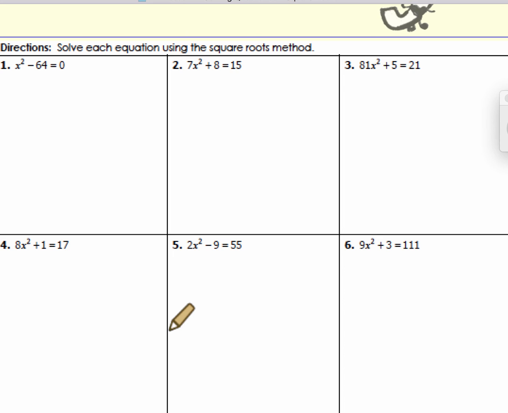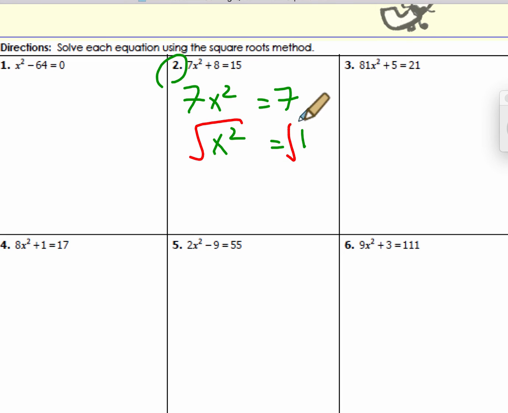Okay, let's do a couple problems. So let's look at this one. To get x squared by itself, I'm going to subtract 8 from both sides, which gives me 7. Then I divide both sides by 7, giving me x squared is 1. Now I take the square root of both sides, remembering to do plus or minus, so I get x is positive or negative 1.